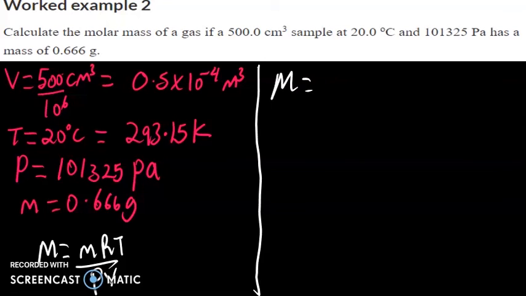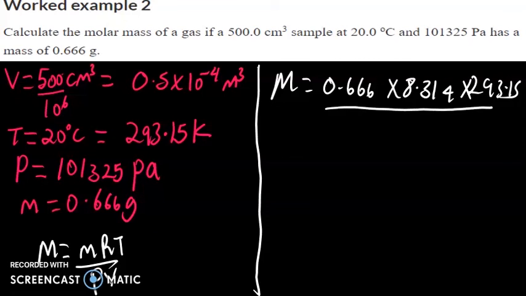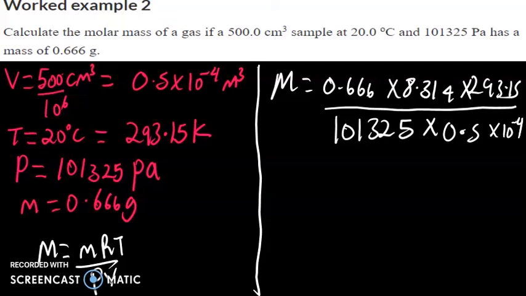So that would be 0.666 times 8.314 times 293.15, all divided by 101,325 times 0.5 times 10 to the power minus 4. So that will give you your molar mass to be 32.01 gram per mole.